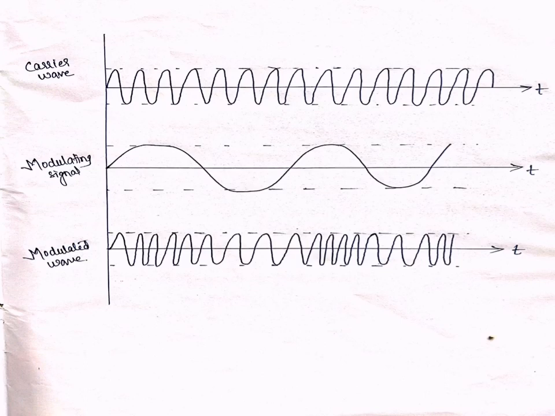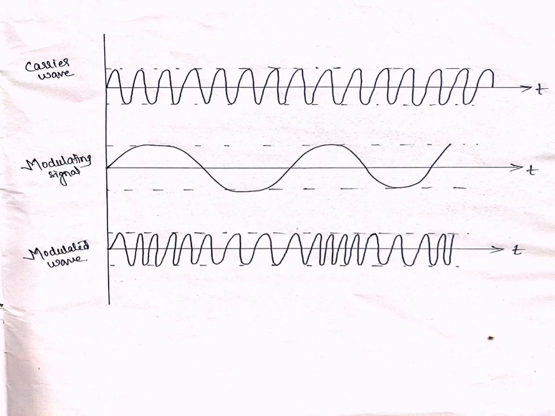Okay, now according to our definition of frequency modulation, the frequency of the carrier wave is varied in accordance with the instantaneous amplitude of the modulating signal. As the amplitude of the modulating signal varies, the frequency of the carrier signal is varying.